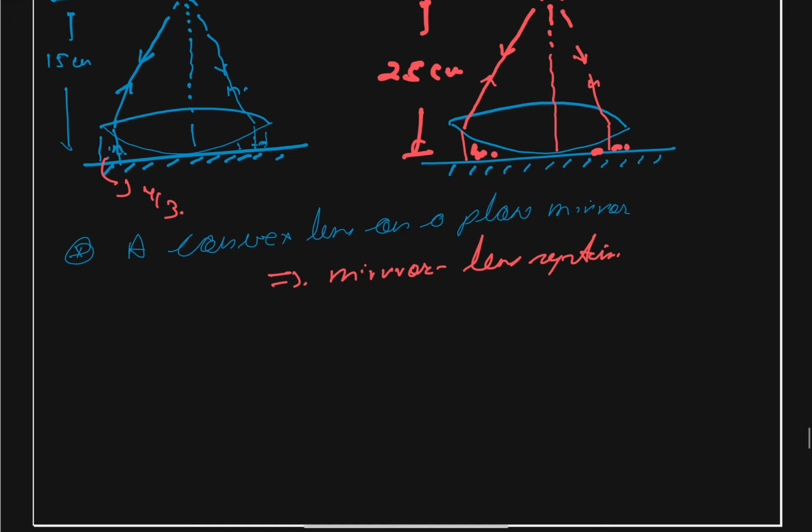And the important thing is that the object and image coincide with each other, so therefore the effective focal length will be equal to the object distance.